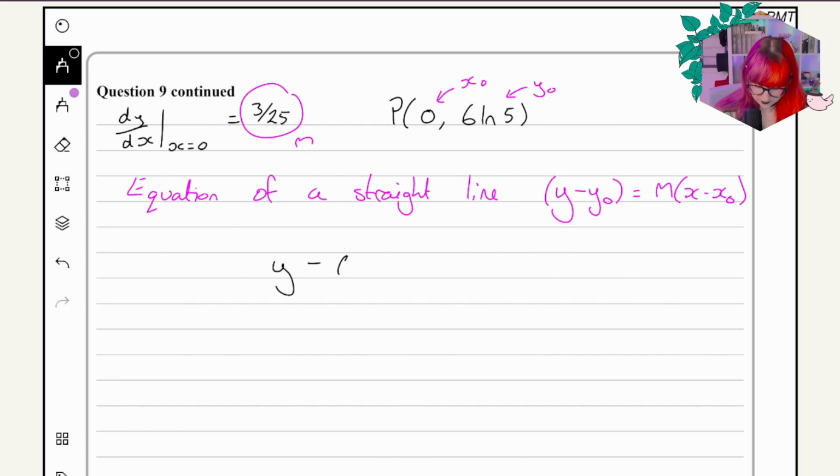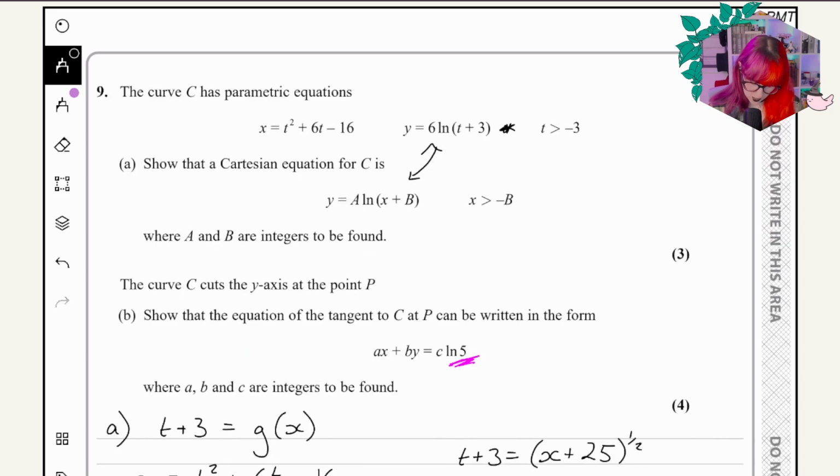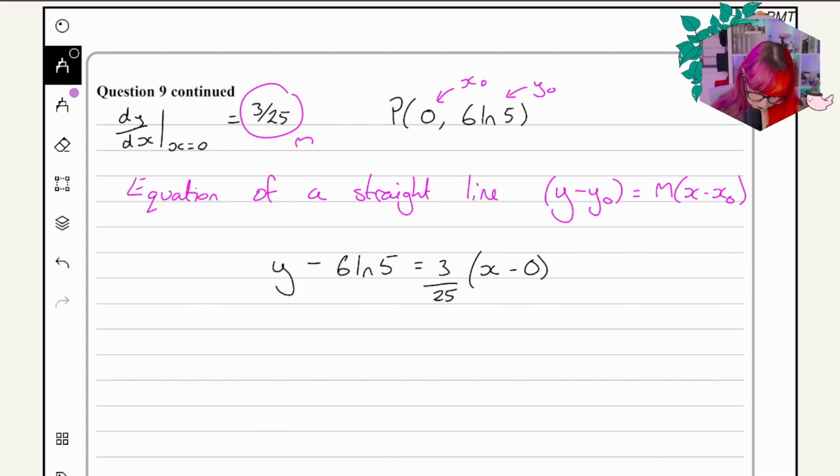So we get y minus 6 ln 5 is 3 over 25 times x minus 0. Multiplying all of this up, we know that we're trying to get it in the form ax plus by equals c ln 5. Okay.